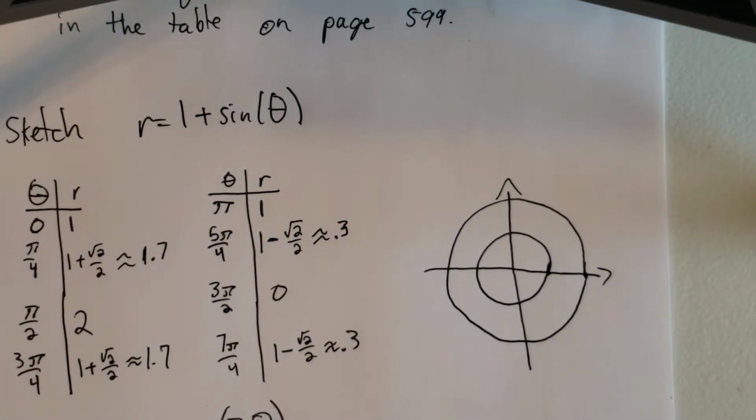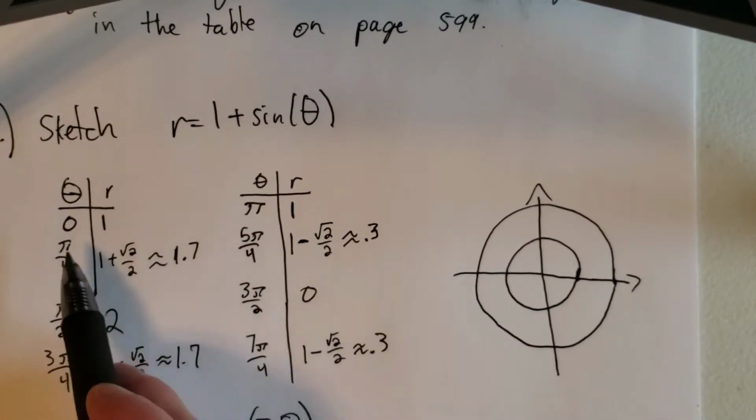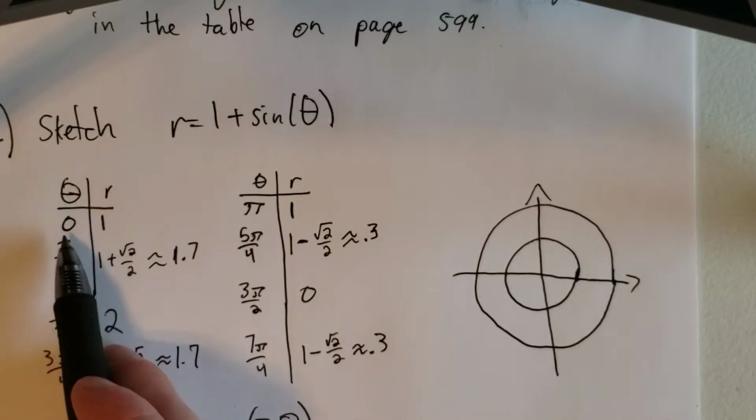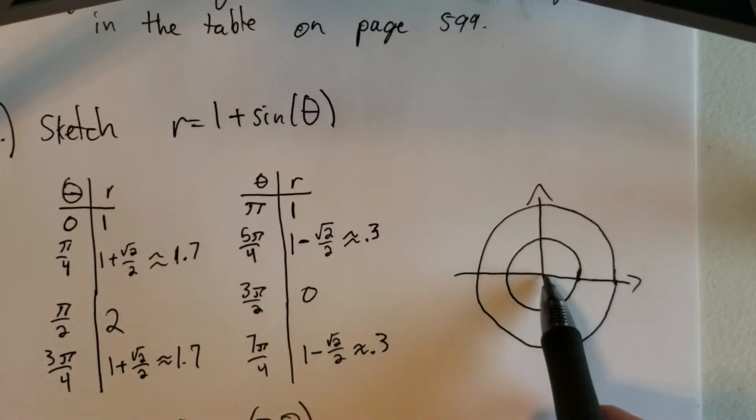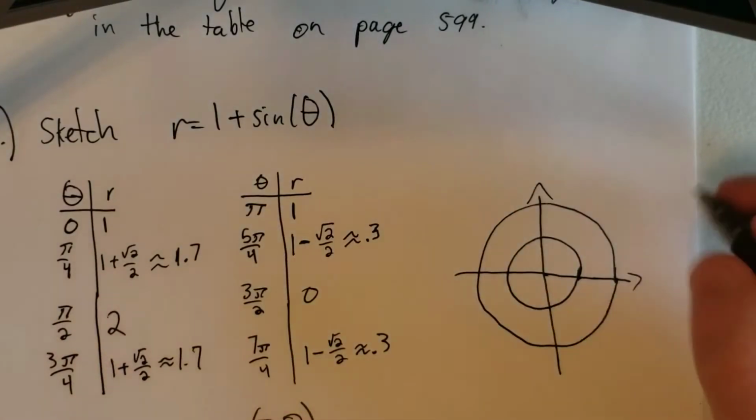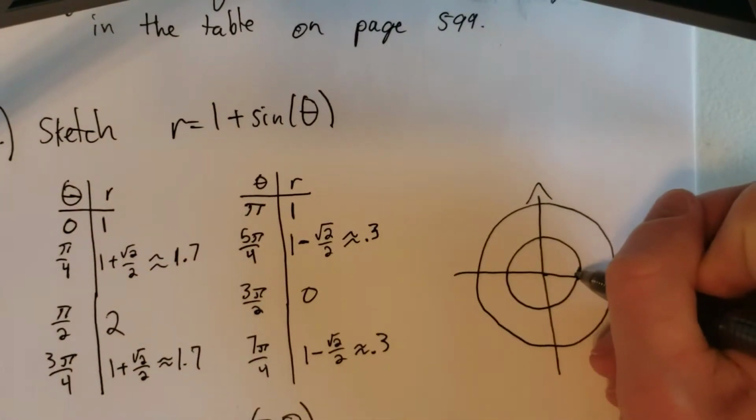Close enough? All right, and let's plot those points. Here we see 0, 1. 0 is the angle theta, so that travels in this direction along the positive x-axis, and we have radius 1. So I can plot that point.